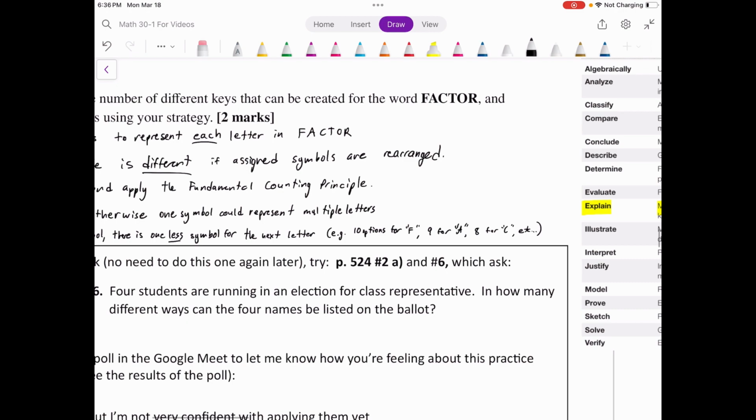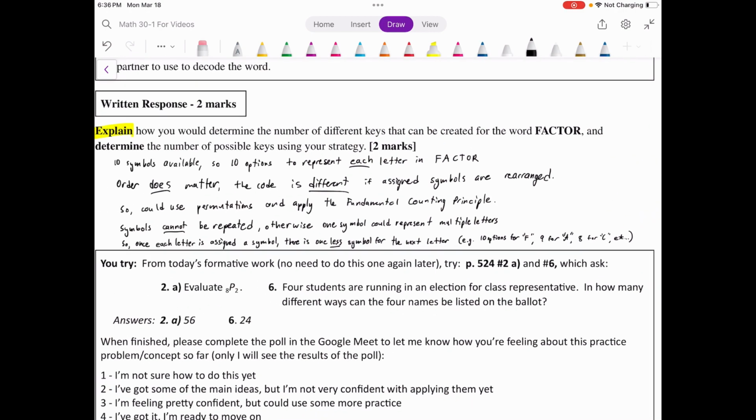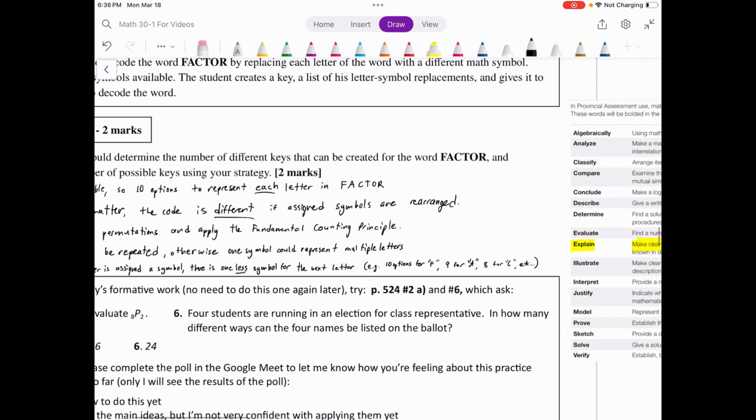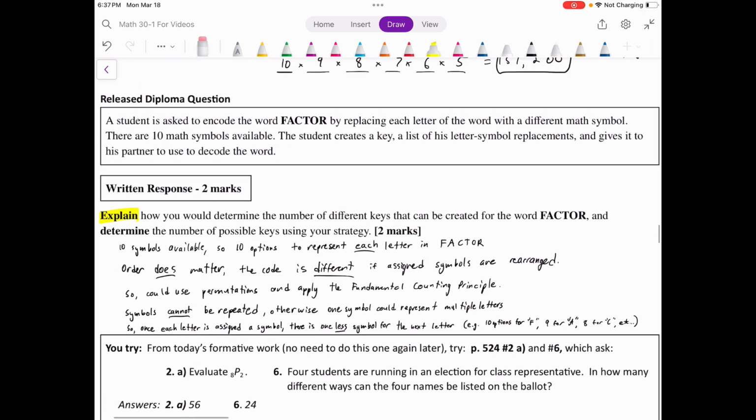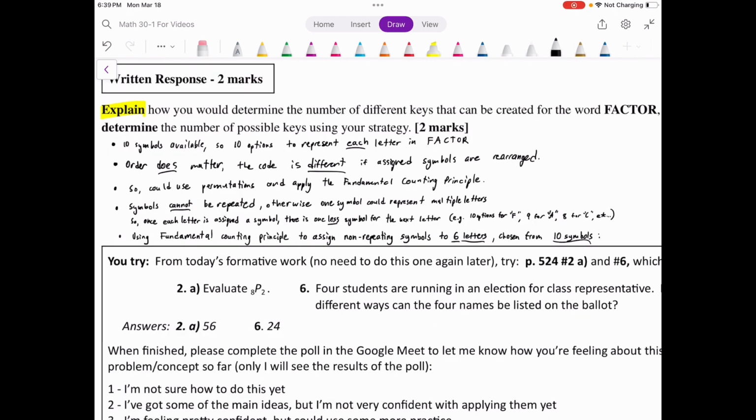Okay, and the last thing I would say here is another decision I'm going to make is that I'm going to put 6 things here. Why 6? Well, because we're choosing 6 symbols from 10 options, right? I have to code 6 letters. So the last thing I'd say here to explain myself, I'm going to use the fundamental counting principle to therefore assign non-repeating symbols to 6 letters chosen from 10 symbols, right?